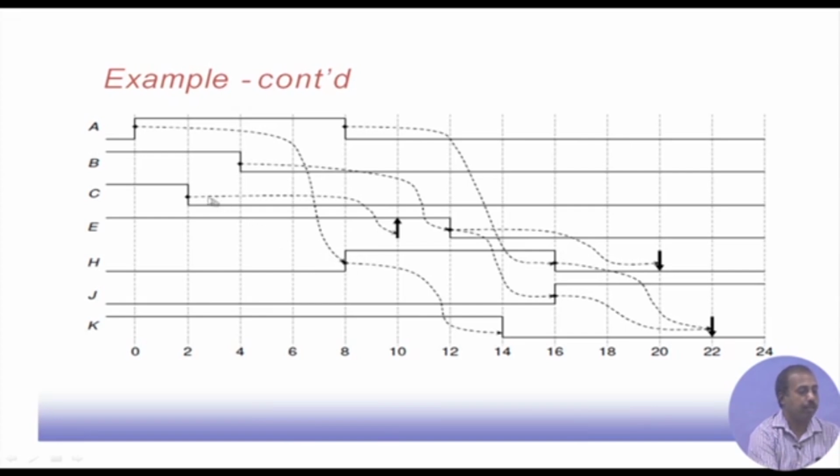Then C makes a transition from 1 to 0 at time 2, that means this will trigger at this point, but it may not have any effect. Okay. So, here it does not change. So, E remains unaltered, though this simulation has to be done and it has not triggered any new action, whereas when H changes it has triggered a new action, but since E did not change, E could not trigger any new action. Okay.